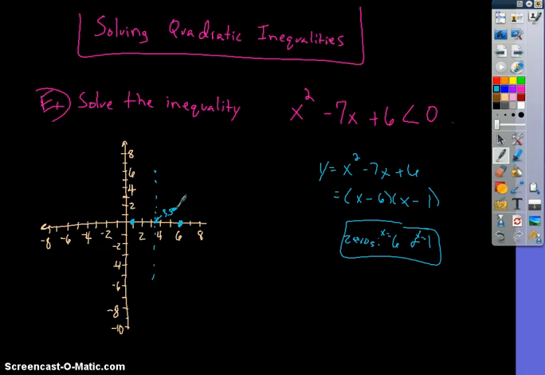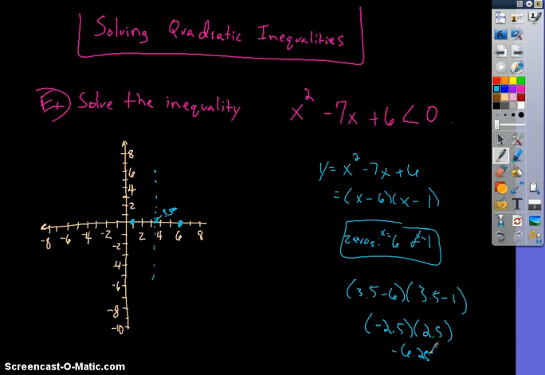So I would plug in 3.5 for x. 3.5 subtract 6, and 3.5 subtract 1. This is a negative 2.5 times a positive 2.5, and together that's negative 6.25. So that'd be the y-coordinate of my vertex.